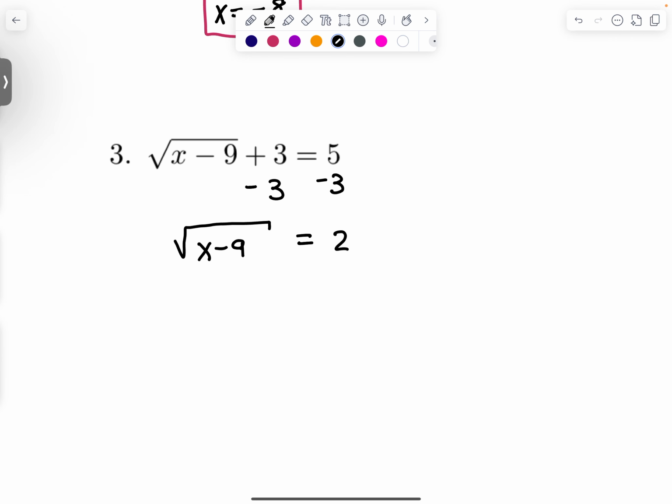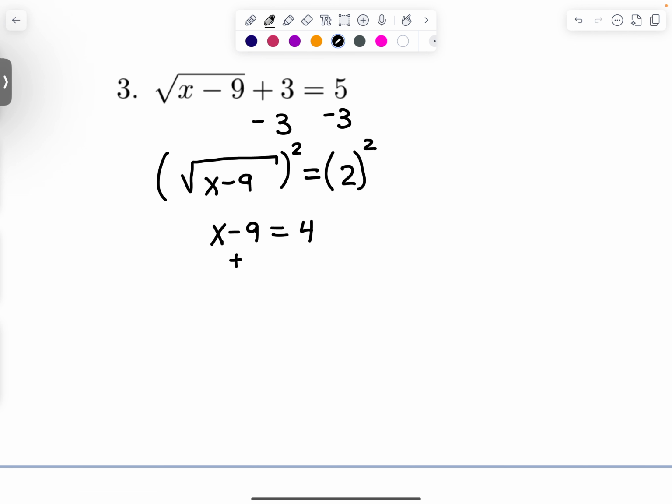Remember, I want to get the radical all by itself on one side and a number on the other side. Now I can use my squaring property to get x minus 9 equals 4. Now I can add 9 to both sides, and I'm left with x equals 13.